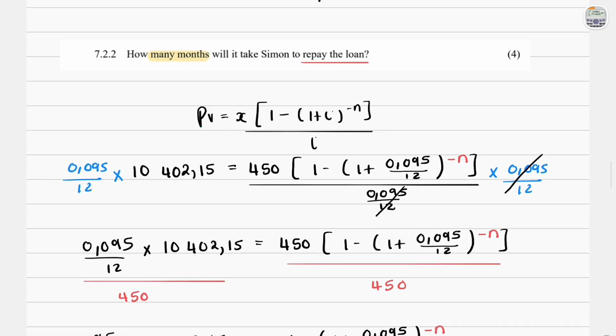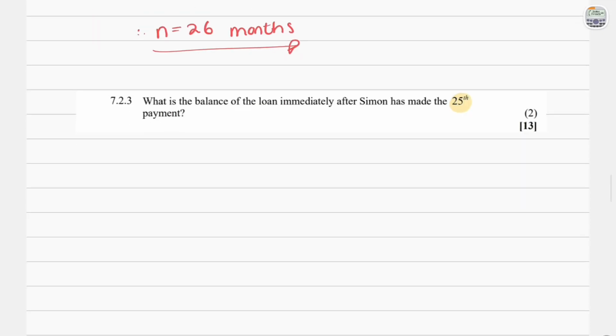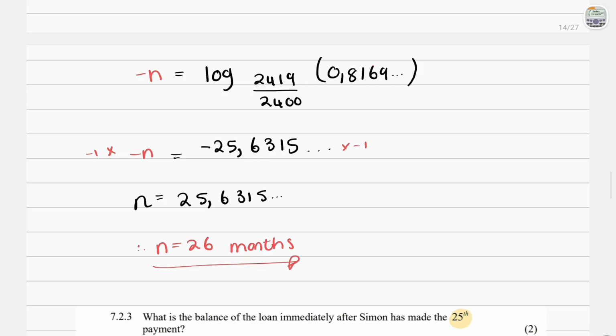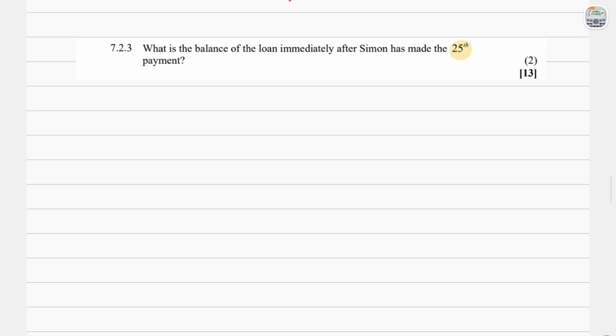So we're going to use our present value formula for this, because the present value formula will always tell you how much you owe after a specific amount of time has passed. So after the 25th payment, we know he has this much more left to go. And so in place of n, that's what we're going to substitute.